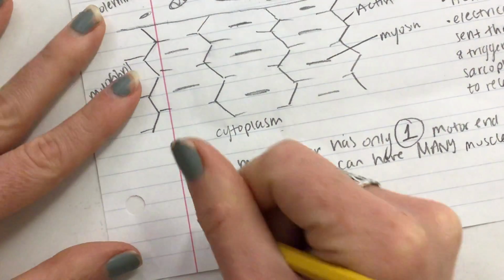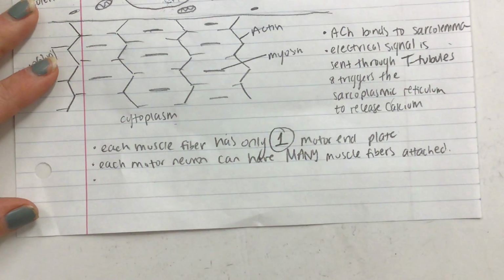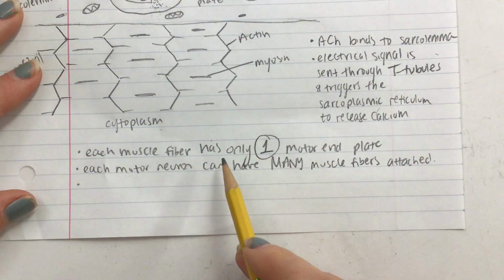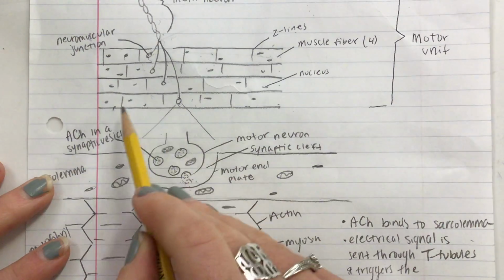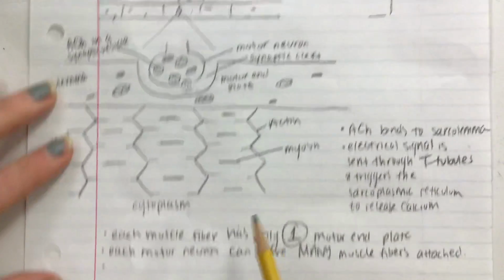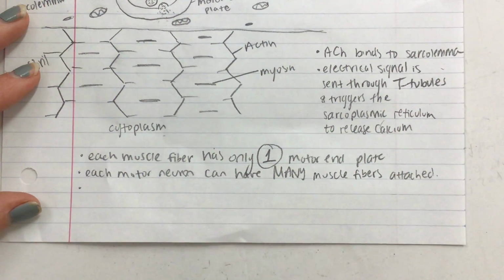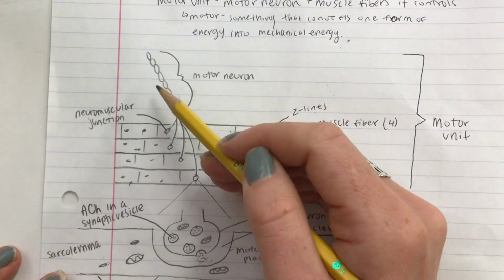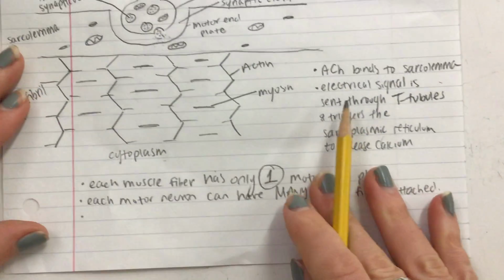Okay. Sorry, guys. So again, each muscle fiber has only one motor end plate. Muscle fiber, one motor end plate. But each motor neuron can have many muscle fibers attached because of its many branches.